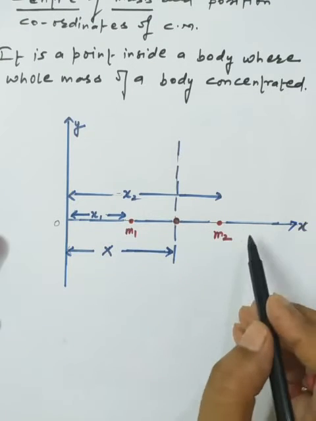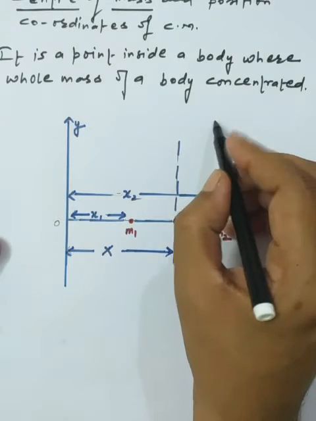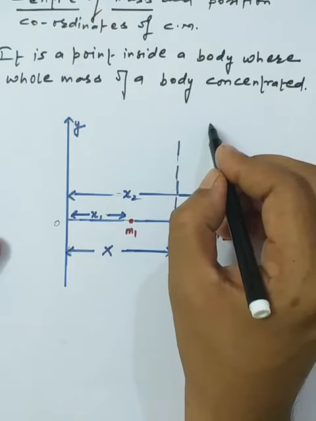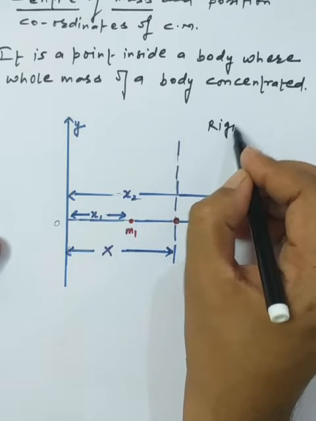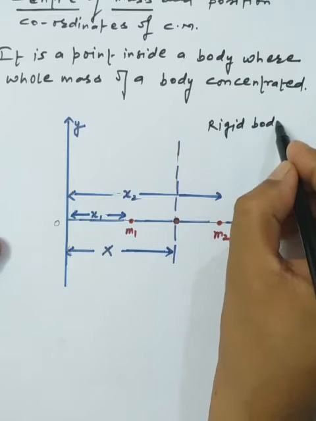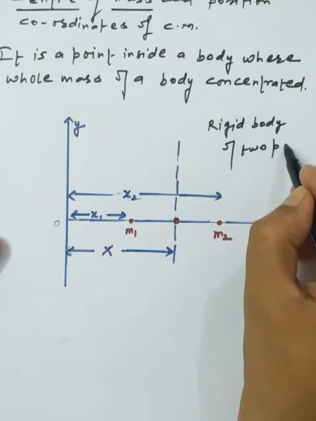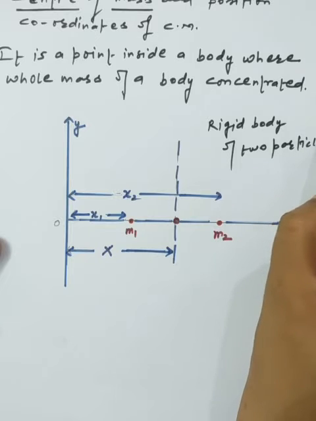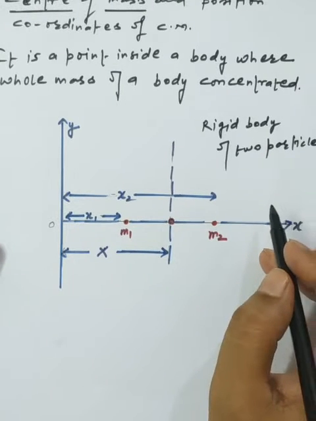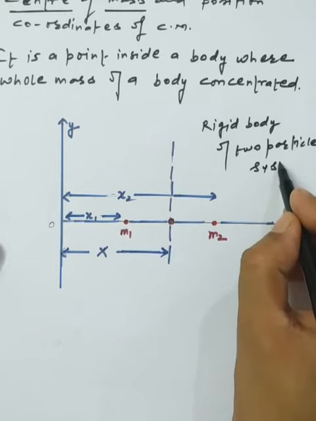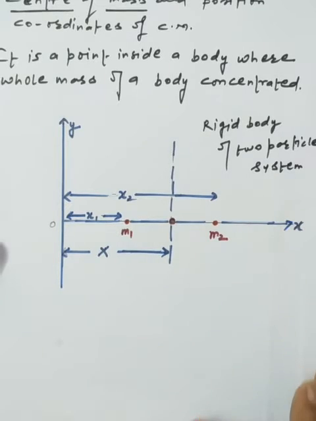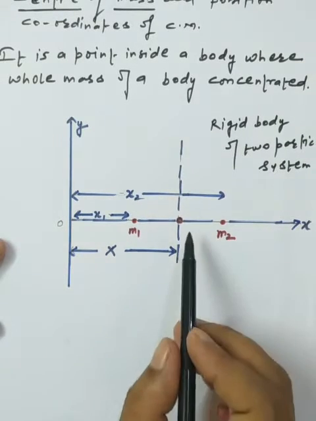Here I have assumed the rigid body of a two particle system, and we are just getting the position of the center of mass.